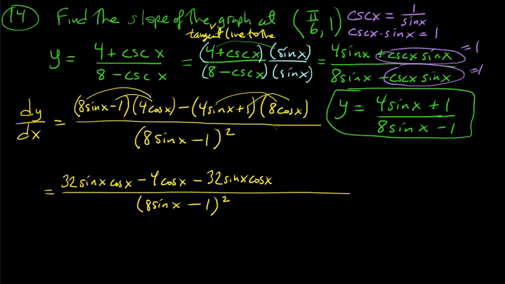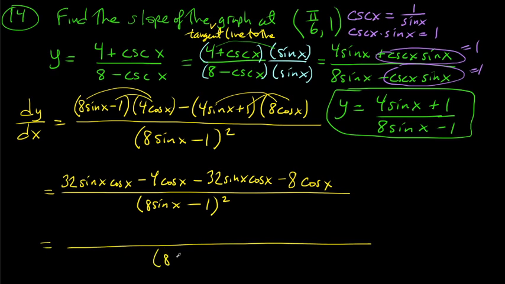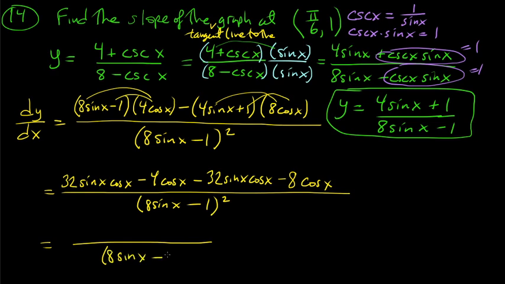And then minus 1 times 8 cosine x, so minus 8 cosine x. So this is looking a lot better already. The denominator stays the same, 8 sine x minus 1 squared.